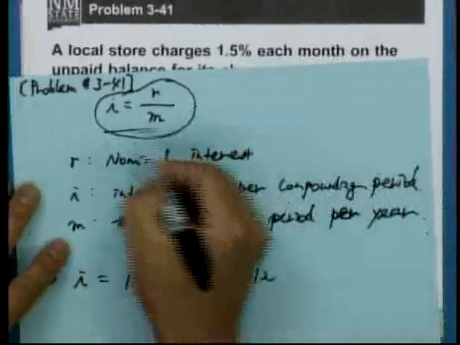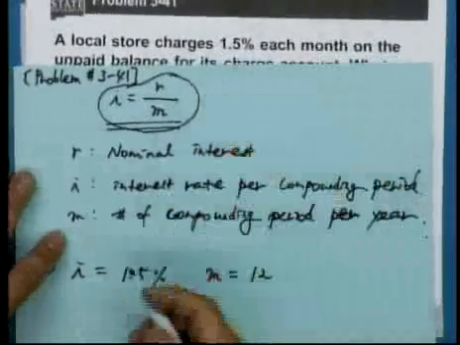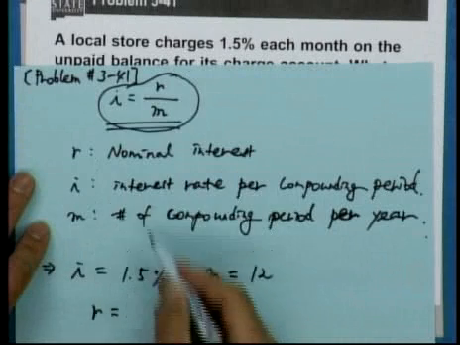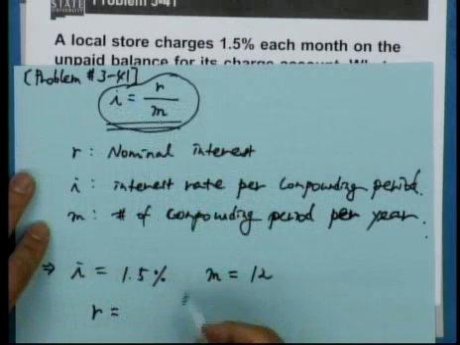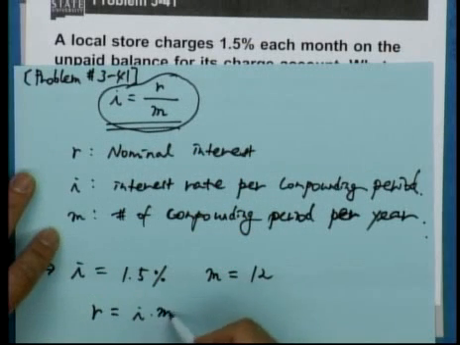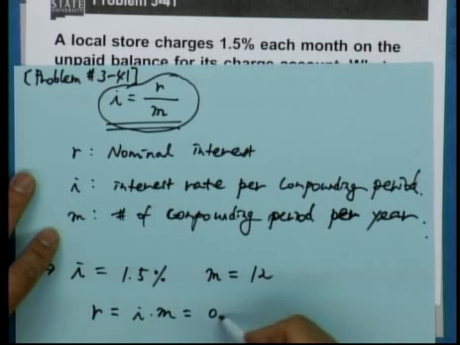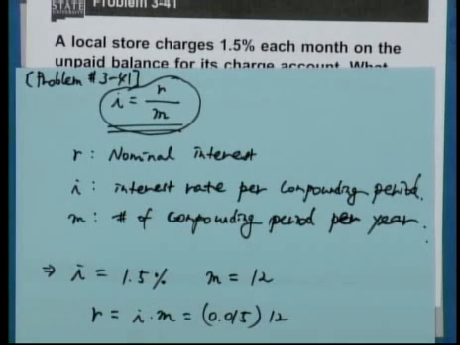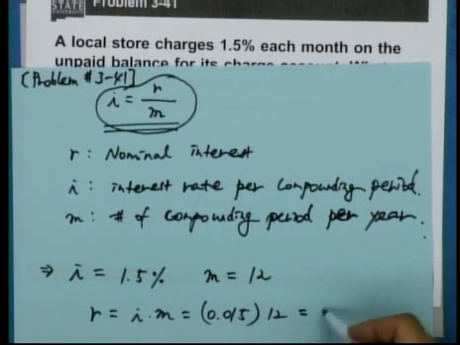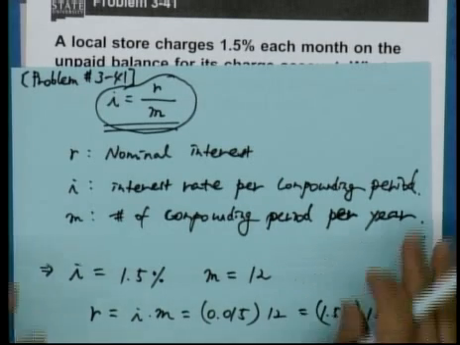So from this formula, what is the value of r? r is i times m, right? i times m, which is 0.015 times 12, or 1.5% times 12, is the same, right?